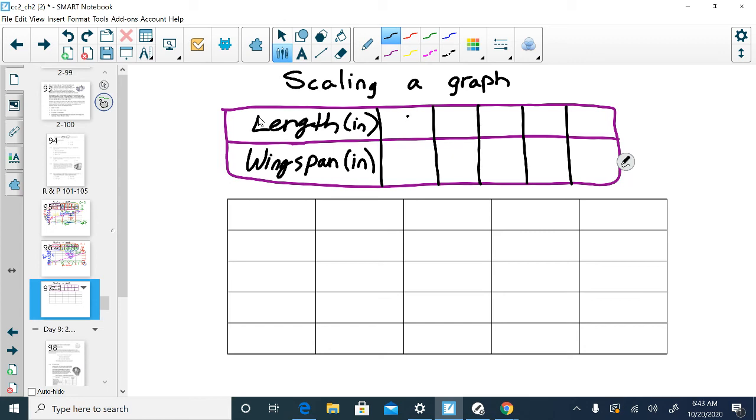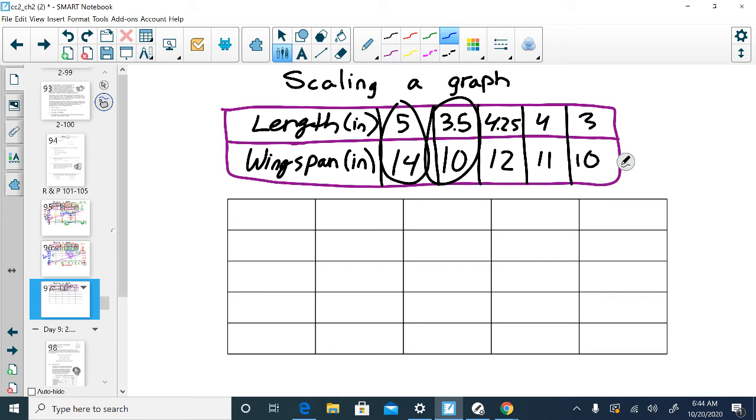So if my length is, say, 5 inches, then the wingspan is 14. Then my next length is 3.5 inches, and the wingspan is 10. Is there a correlation between the length and the wingspan? And so here we might as well just finish this problem off together. 4.25, 12, 4, 11, and 3, 10. And this is straight off of page 113.